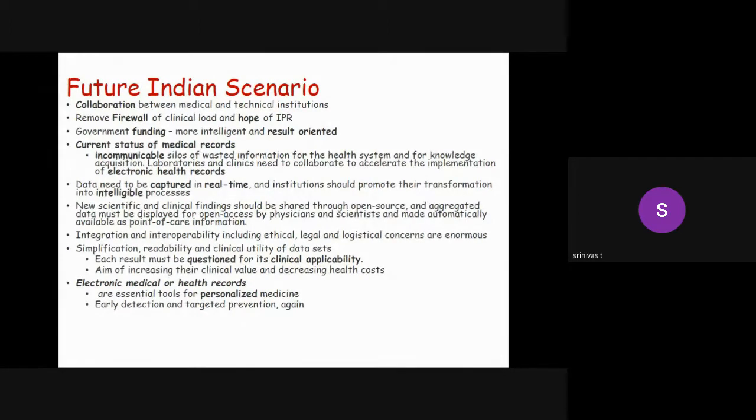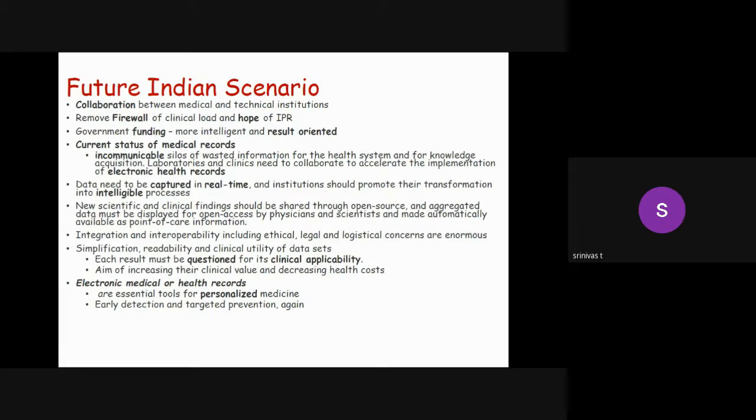And the current state of the medical records: incommunicable silos of wasted information for the health system and for knowledge acquisition. Laboratories and clinics need to be collaborative to accelerate the implementation of electronic health records. That's very important. The sharing is not possible nowadays.